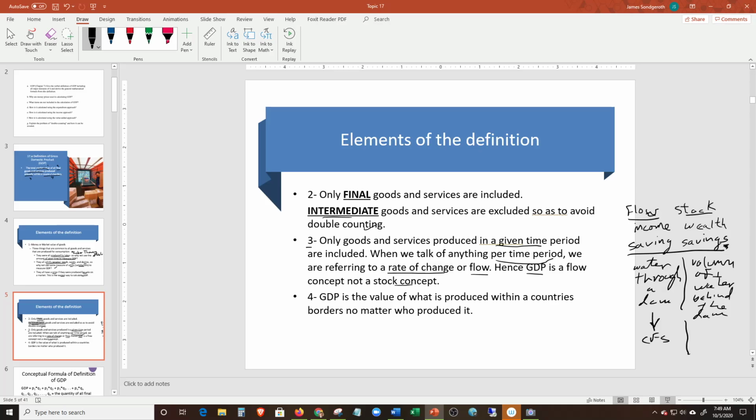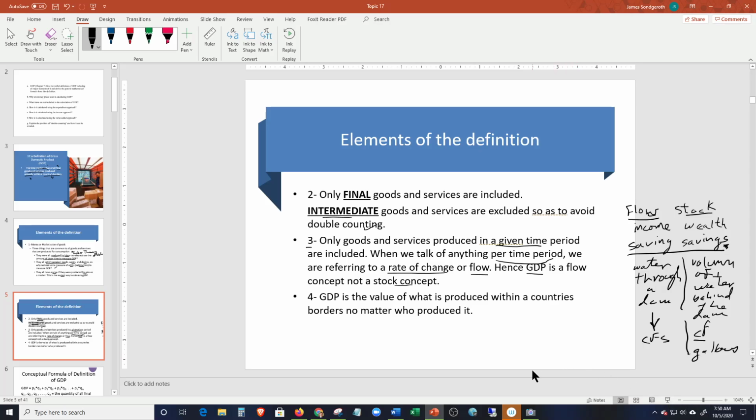And the stock is usually just cubic feet, the volume of cubic feet in the lake, or the number of gallons they estimate might be in a lake.